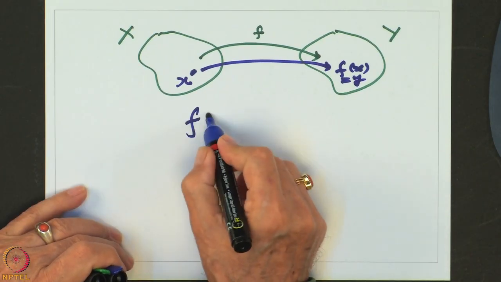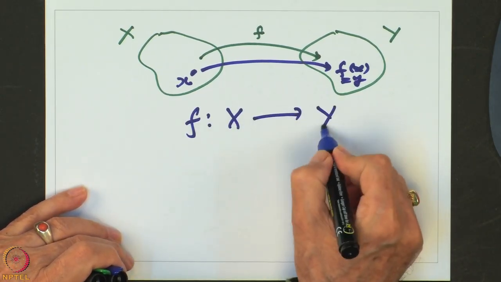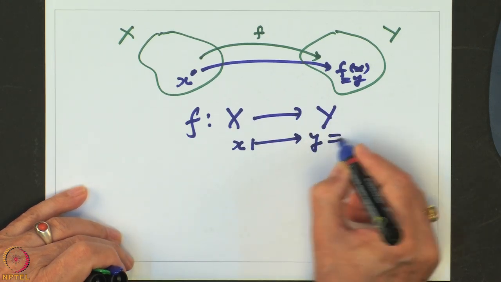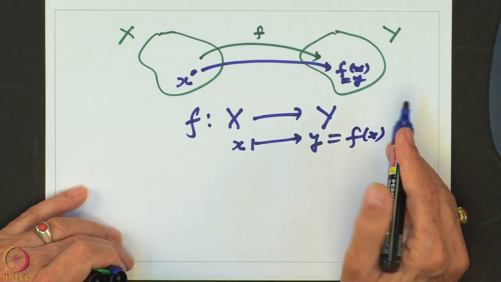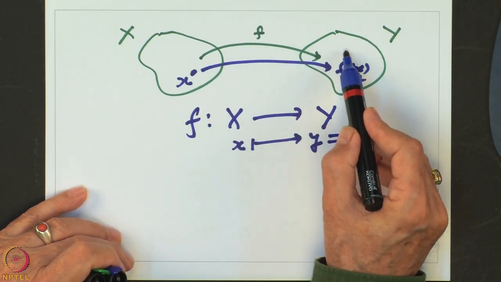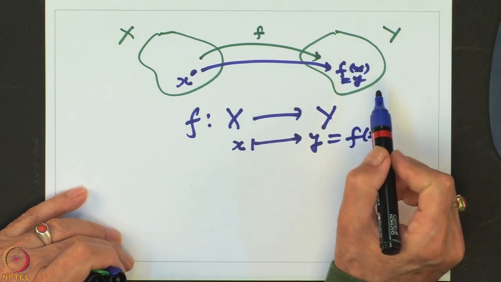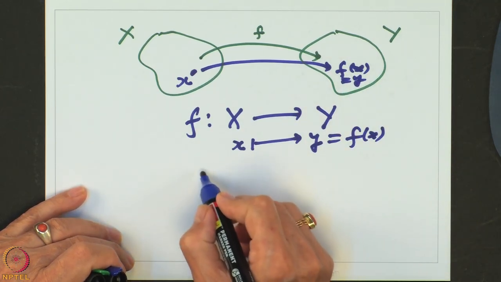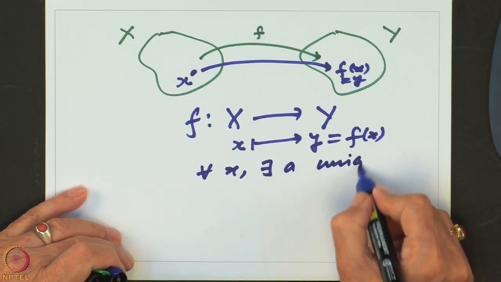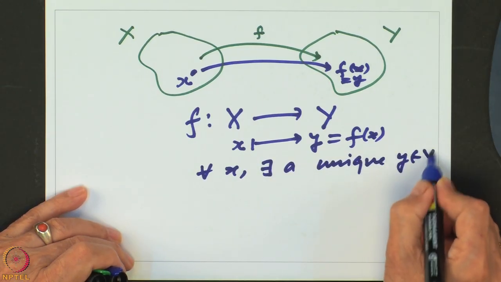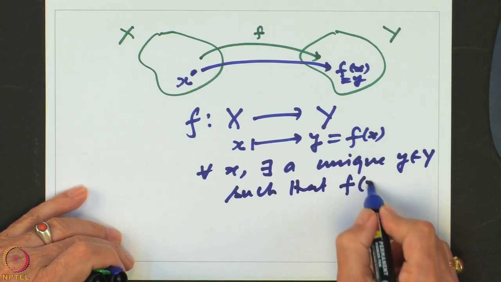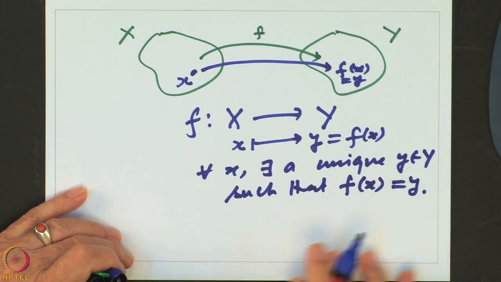So, f from X to Y takes a point x and sends it to y, which is nothing but f of x. And a point x cannot go to two different points in Y, it should go only to one point. So, for every x there exists a unique y belonging to Y such that f of x is equal to y.